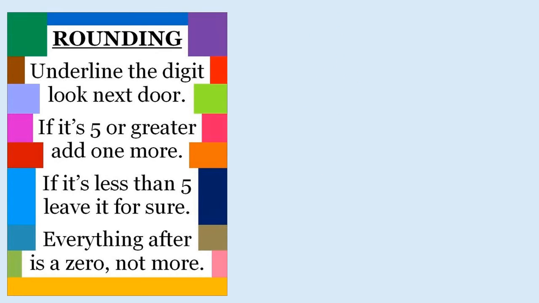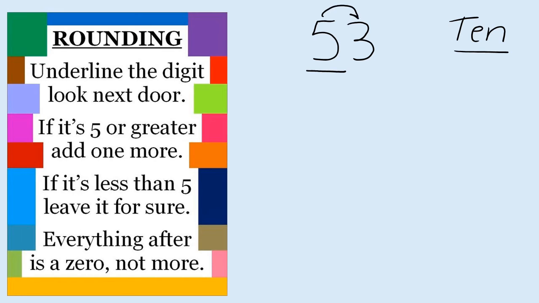Have a look at this next example. 53 rounded to the nearest 10. I'm going to say my rhyme again to help me. Underline the digit, so I know I'm dealing with the tens column. Underline the digit and look next door.